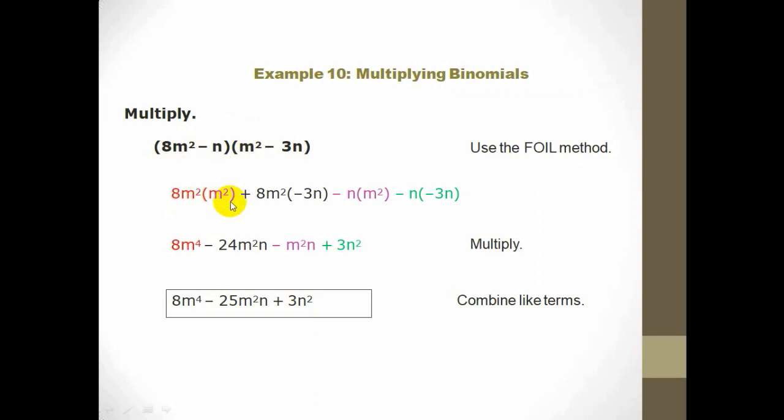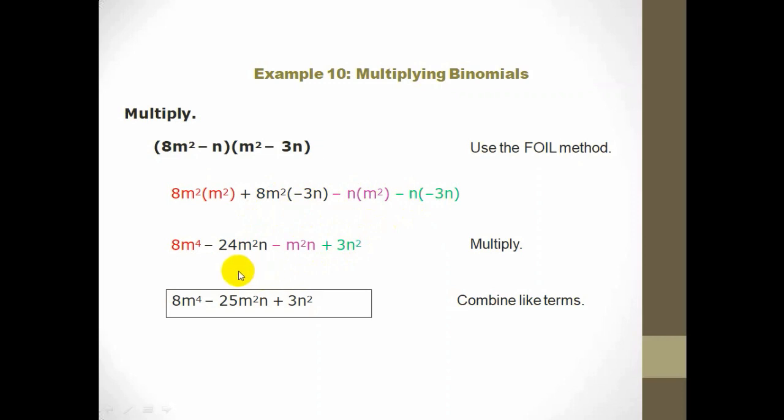Then multiply the outer terms, 8m square and minus 3n. Multiply the inner terms, minus n and m square. Multiply the last terms, minus n and minus 3n. And we get 8m power 4 minus 24 m square n, minus n m square, and plus 3n square.